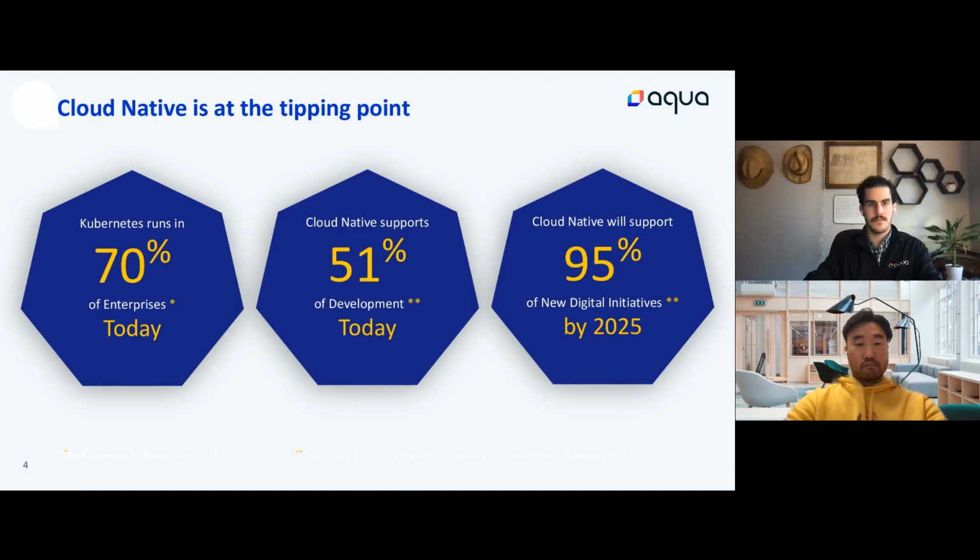In terms of what cloud native is, I'm assuming that many of you are familiar with the concept. I would just say that what we've seen at Aqua is that more workloads are being born in the cloud. We're seeing dev tests move into workloads move into production. We're seeing more customers move from VMs to containers.